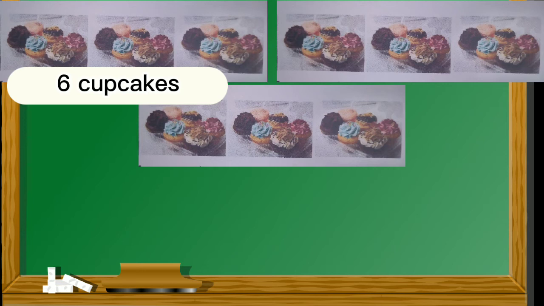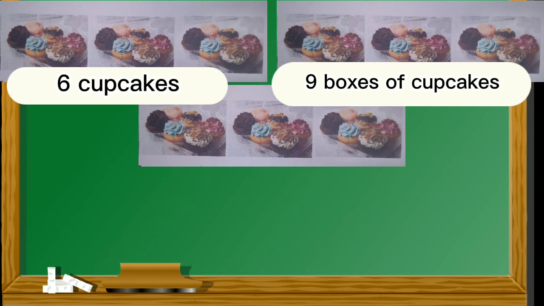Now, if there are 9 boxes of cupcakes and each box has 6 cupcakes inside, how many cupcakes are there in total? Okay, let us count. 1, 2, 3, 4, 5, 6. 6 cupcakes. Let us count the boxes. 1, 2, 3, 4, 5, 6, 7, 8, 9.